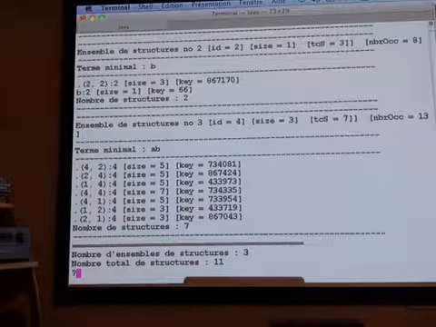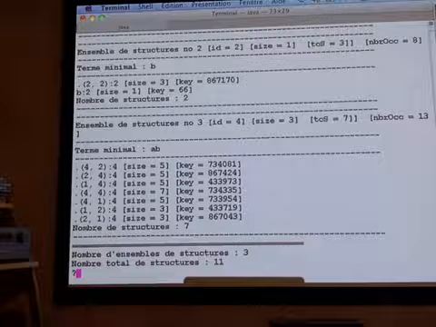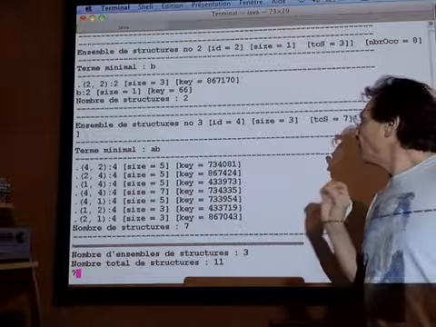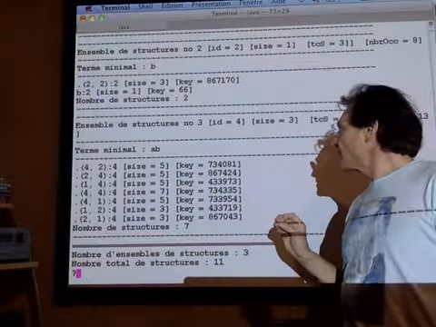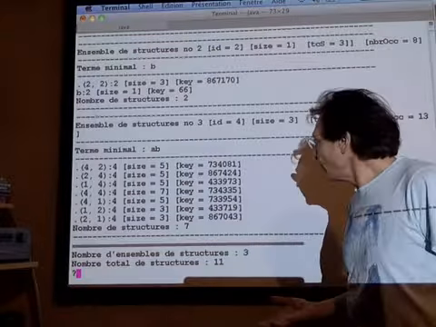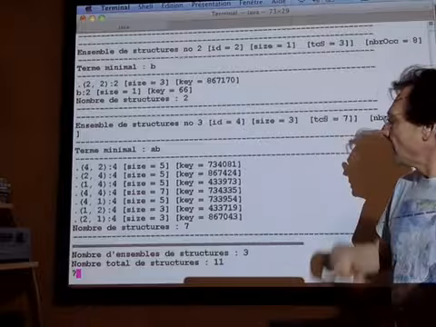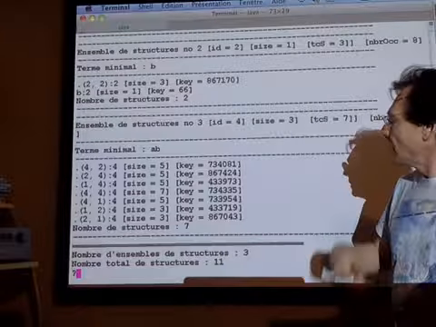You can see that we have three sets. We have three sets of structures representing all terms that can be built given A and B. And in fact, all of them are equal either to A or B or AB.